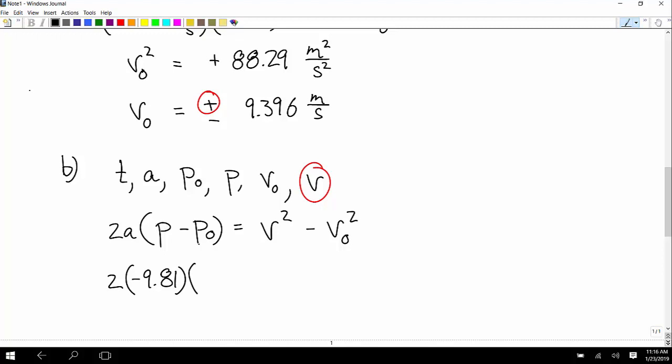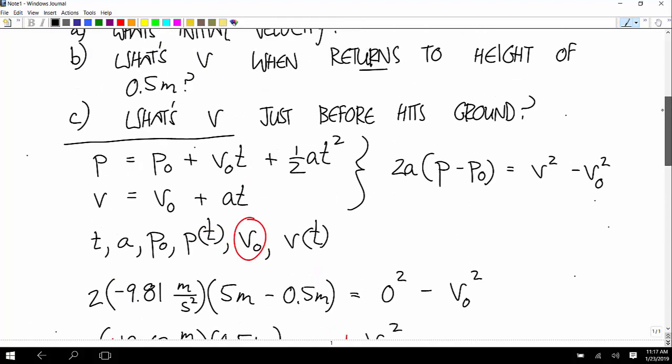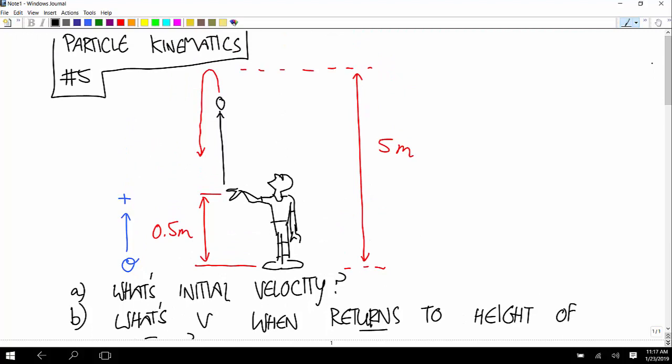At our final time, our chosen time, the height is 0.5. What's the height at time 0? Well, we chose that it started at 0.5. So our time equals 0 is when it's thrown. It's thrown from the same position that it stops at our final time. And so p0 and p are both the same thing. They're both positive 0.5.